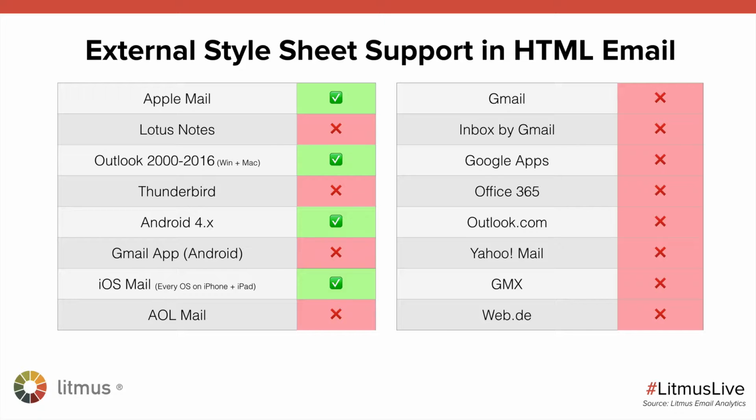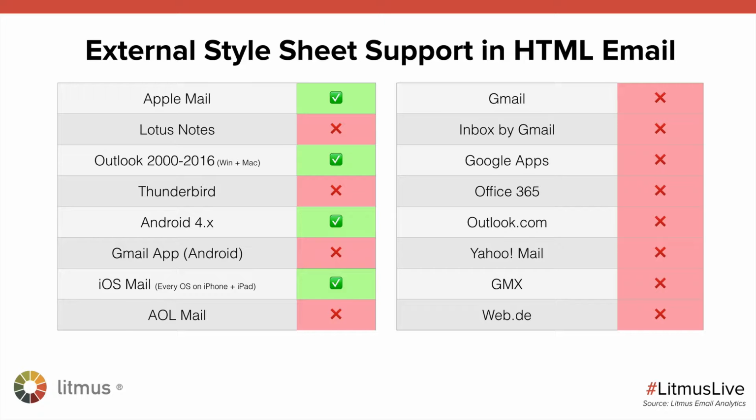Where the biggest breakdown for external style sheet support comes in is the webmail clients. So any email client that's accessed in the browser, so AOL Mail, Yahoo Mail, Outlook.com, Gmail, no webmail client supports external style sheets. And this is typically because they are processing the email in some way, whether that's through an iframe or completely processing it out into the DOM of the actual HTML page that it's being looked at.